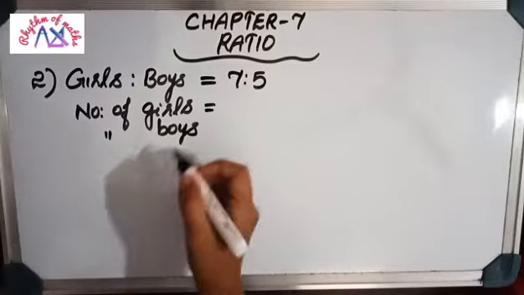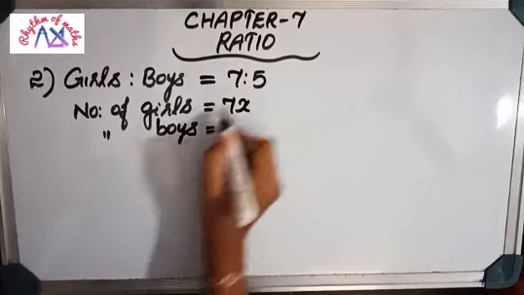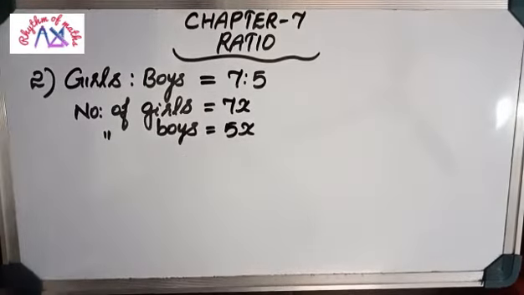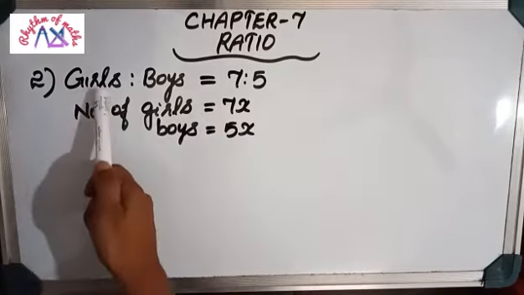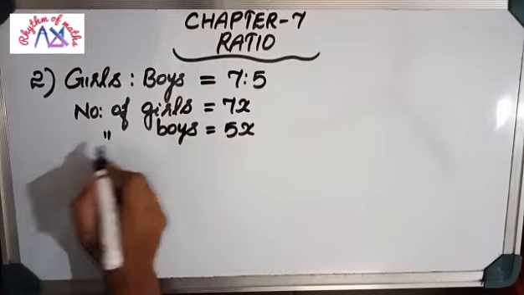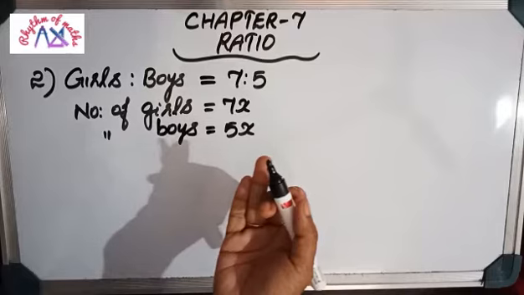First of all, we have to find the number of girls and number of boys in algebraic form. So the number of girls will be 7x. Now the number of boys is 5, so here it is 5x. Now it is given that there are 8 more girls than boys. That is the clue given to find the number of girls and boys. 8 more girls than boys means when we subtract the number of boys from the number of girls, we will get the answer 8, because the girls' number is 8 more.